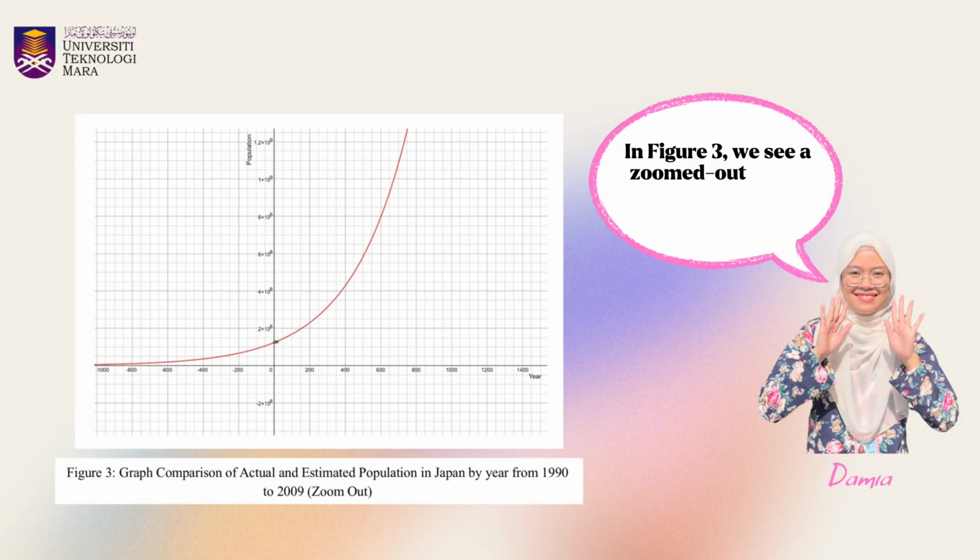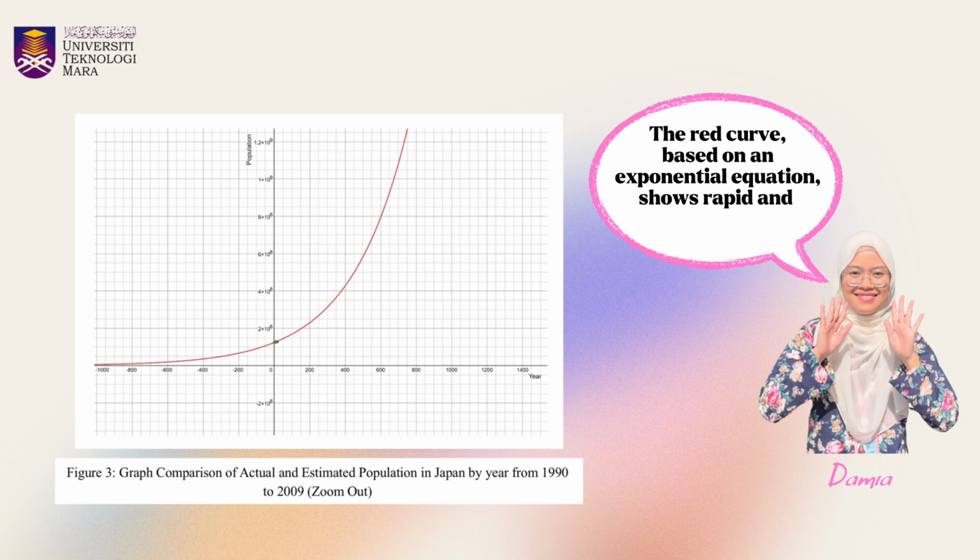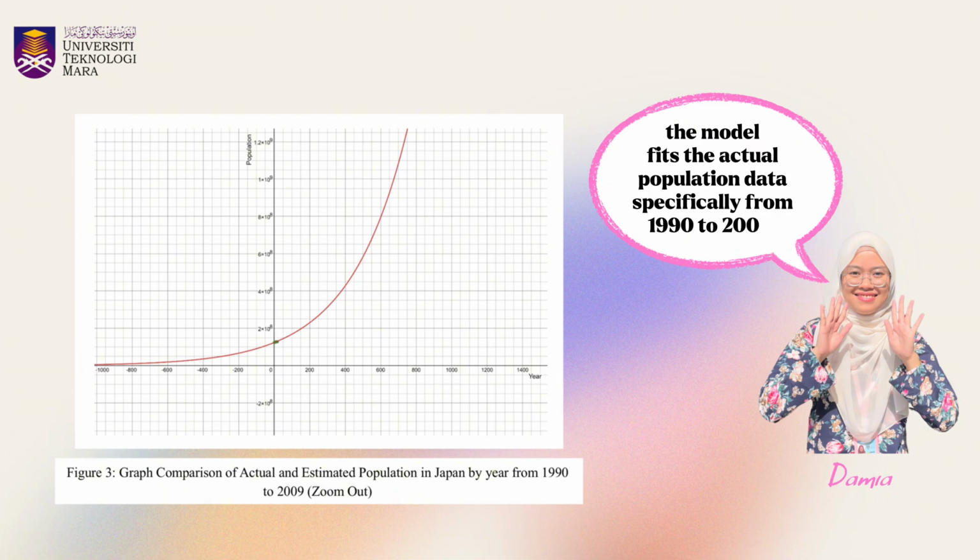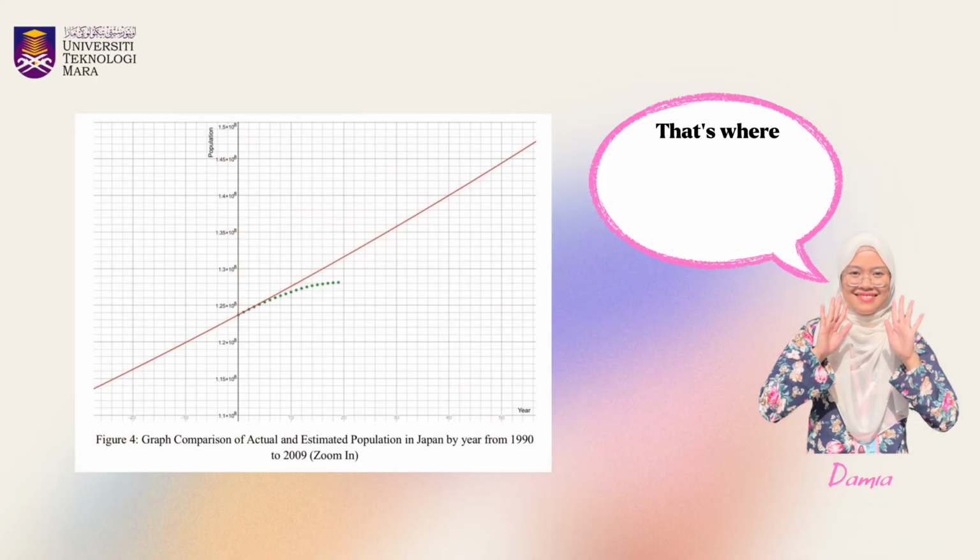While it may fit yearly growth well, it doesn't reflect the real-life slowing growth rate seen in the actual data in Figure 1. In Figure 3, we see a zoom-out graph showing the estimated population over a much larger time span. The red curve, based on an exponential equation, shows rapid and continuous growth. However, this wide view doesn't help us clearly observe how well the model fits the actual population data specifically from 1990 to 2009. That's where Figure 4 comes in.